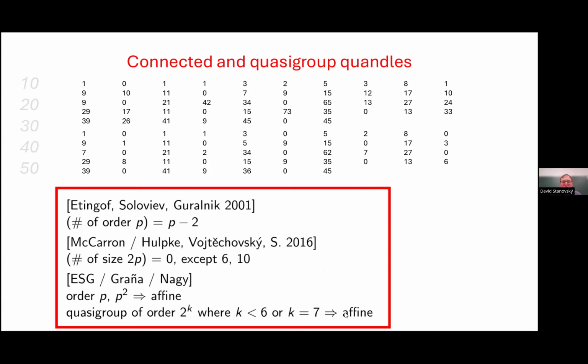It's not visible from the table, but there is some result that in the case of quasi-group quandles of order 2k, up to a certain order, all of them are also affine, which makes these numbers relatively small. That's actually a result of Tomáš Nagy, which you may know for different types of results, but this was his master thesis. That's the main reason I'm mentioning this, that it's a master thesis of Tomáš, as many of you know.